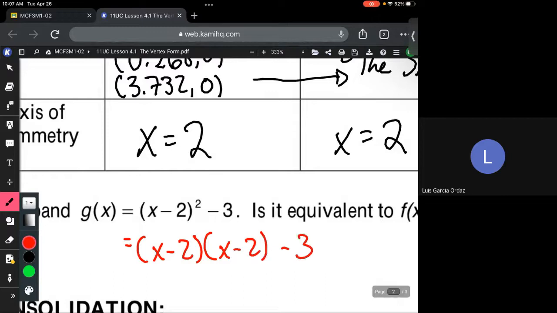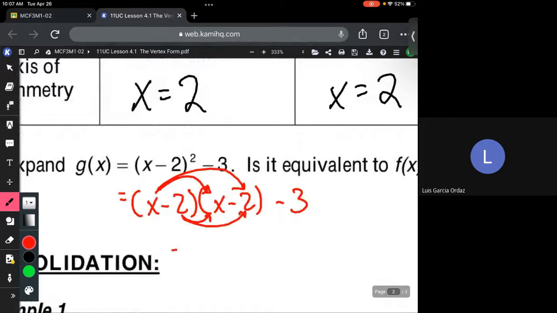Minus 3. So you're going to forget about the minus 3 until the end. So remember, we're going to FOIL. So you're going to distribute. So can someone tell me what we get when I distribute, when I use the distributive property or foiling those two binomials together? Brooklyn. X squared. Take away 2x. Yep. Take away 2x.